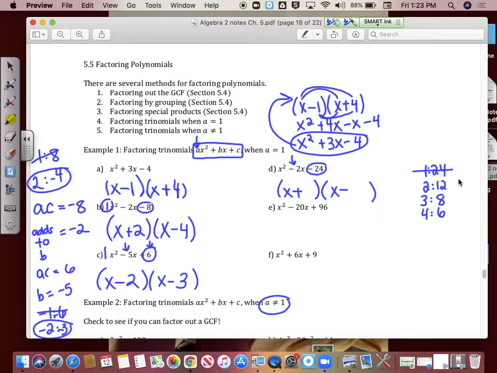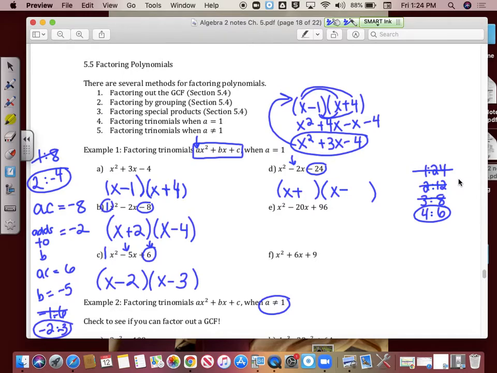So that's not going to work. They're too far away. The 2 and 12, if you subtract them, you're either going to get negative 10 or 10. If you subtract 3 and 8 in each way, you're going to either get 5 or negative 5. That's not going to work. It's got to be the 4 and the 6 because those are 2 away from each other. So when I subtract these two numbers, I will either get 2 or negative 2.